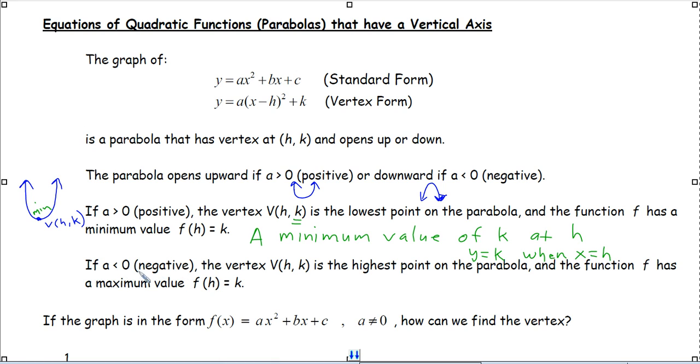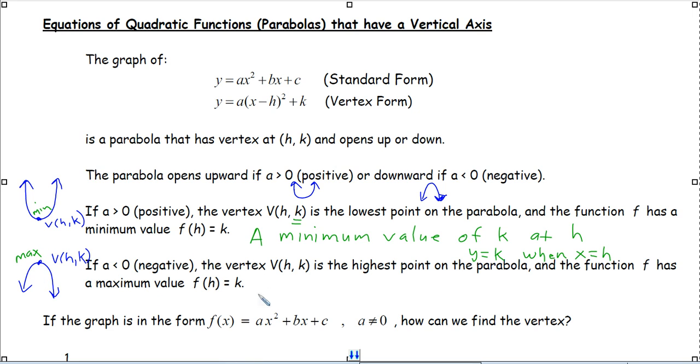And if a is negative, that means a negative x squared, and it just goes down. In which case our vertex is going to be at the very top, the top of the hill, whereas the other one is at the bottom of a valley. At the very top of the hill, this will be a max.